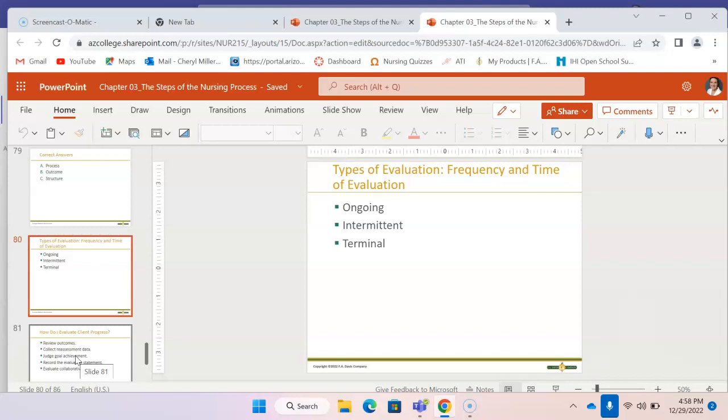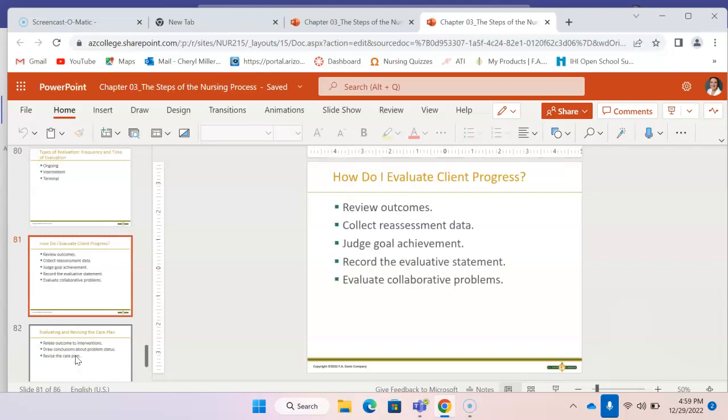You can leave it ongoing, discharged home with ongoing care, plan of care, but you want to terminate your care plan. Terminate it when it's no longer needed too. If they're not using oxygen anymore, take that off, right?